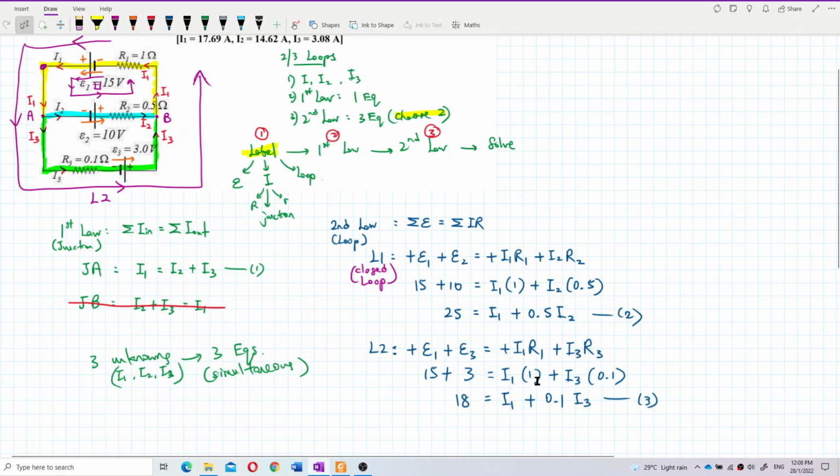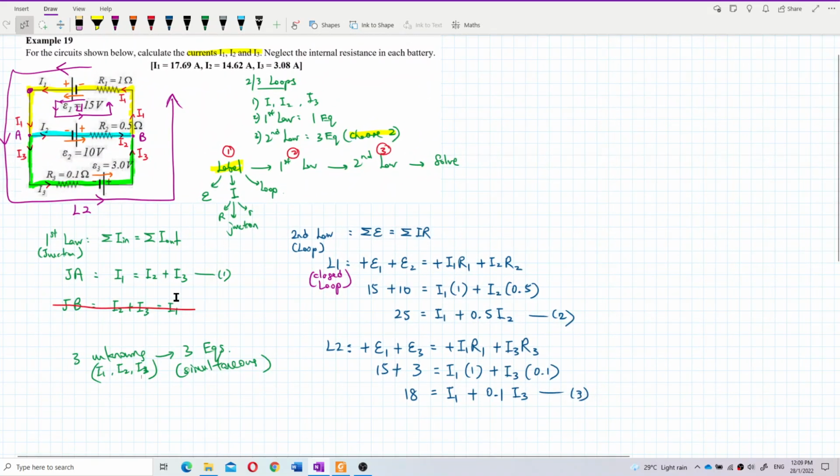That's why I built three equations to solve it. If I don't have three equations, I cannot get the values of these three unknowns. If you have two unknowns, you must have two equations. That's why for the first law I do one equation, for the second law I choose two equations. Then I can definitely find I1, I2, I3.